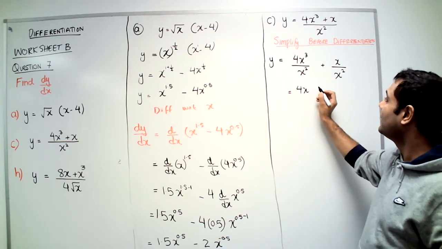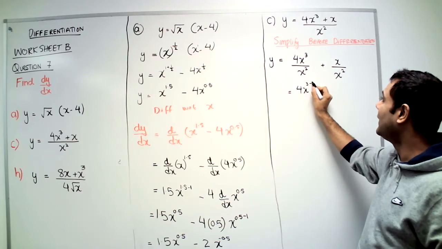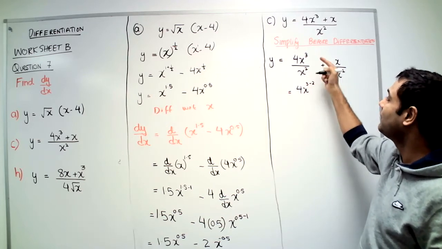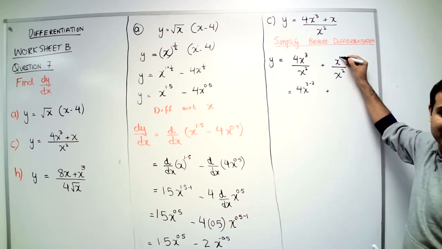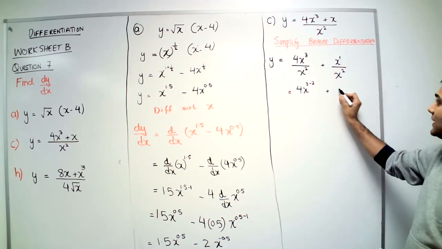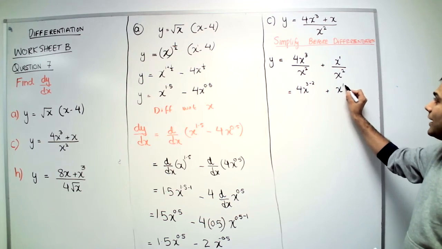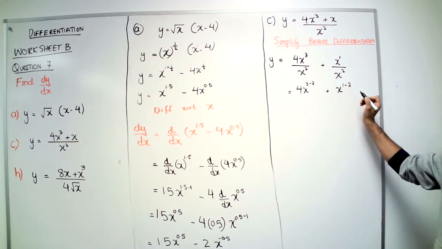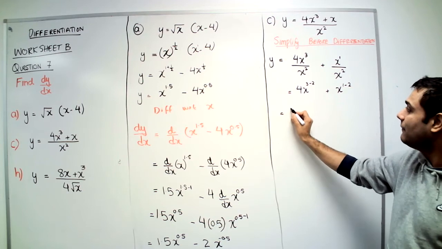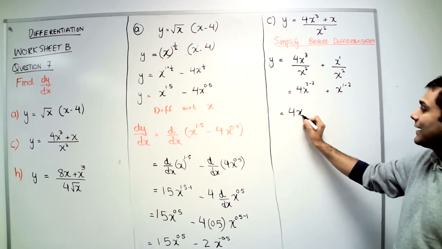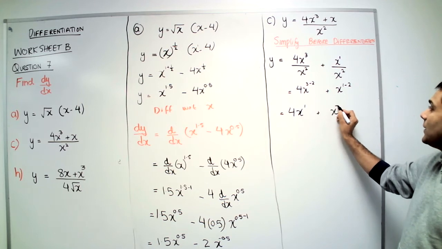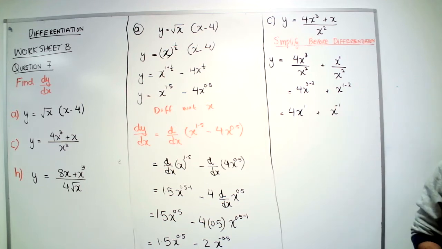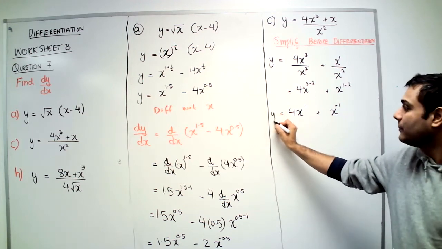The way to work is like this: 3 minus 2, you move that 2 up and minus. And there's a 1 here, an invisible 1. When there's nothing, it's 1. So you got x, and then you do 1 minus 2. So that will become 4x to the 1 plus x to the minus 1. Now you can actually differentiate it, and this is your y.